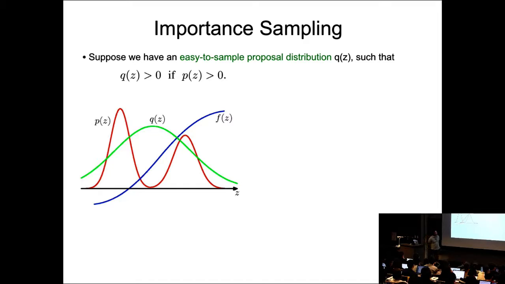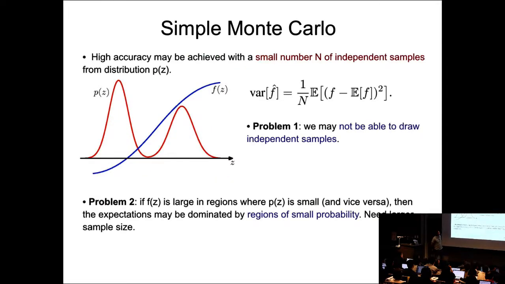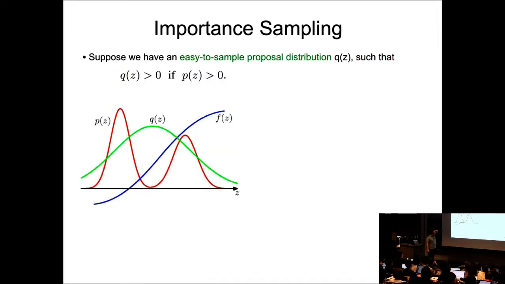Now, the idea of importance sampling: let's say we have an easy-to-sample proposal distribution Q. Here we have to be able to draw samples from P of Z, and in many cases, as we'll see, we can't really do that. So let's say we have an easy-to-sample proposal distribution Q such that these assumptions hold. And if you think back, you can now start connecting when we have two policies. One policy could be Q, the other policy could be P, right?